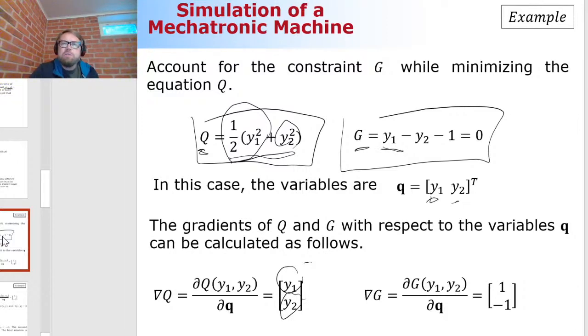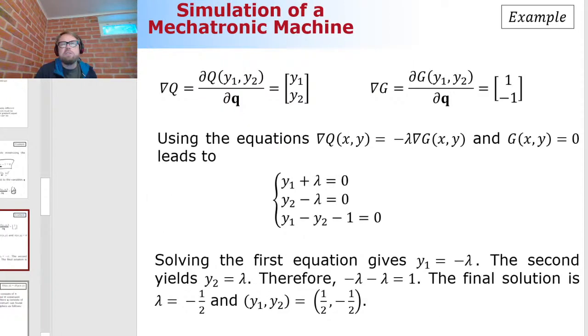You differentiate this with respect to y1, that's going to give you 1. You differentiate the same equation with respect to y2, that's going to be minus 1. Now that's my first set of equations, and it holds at the place where the constraint is fulfilled. Then one additional piece of information that I'm taking is my constraint equation as it is.